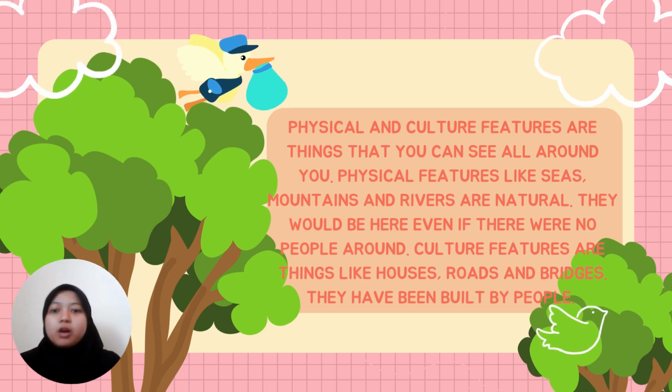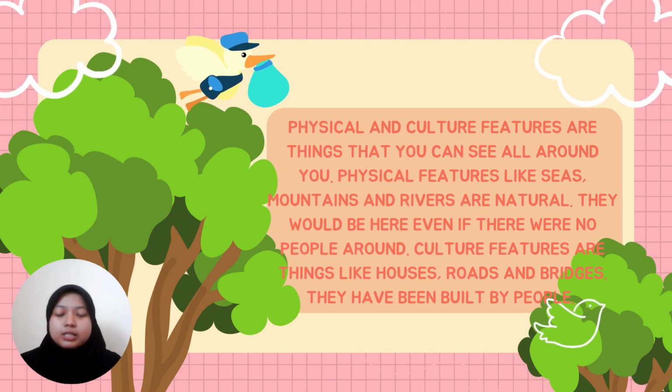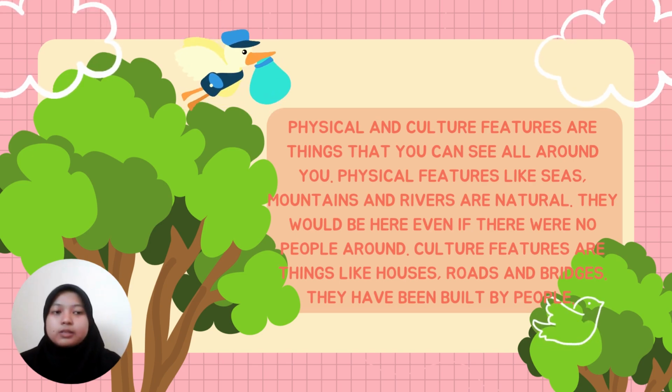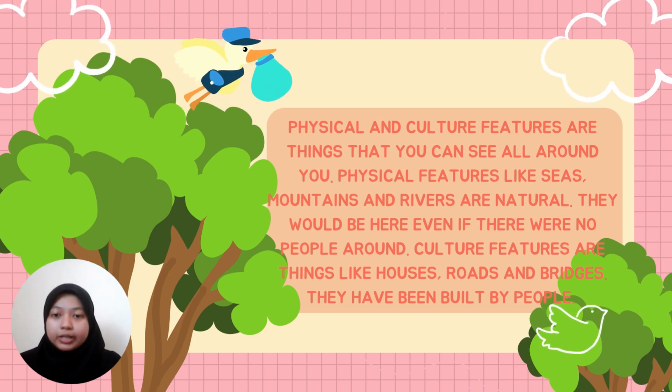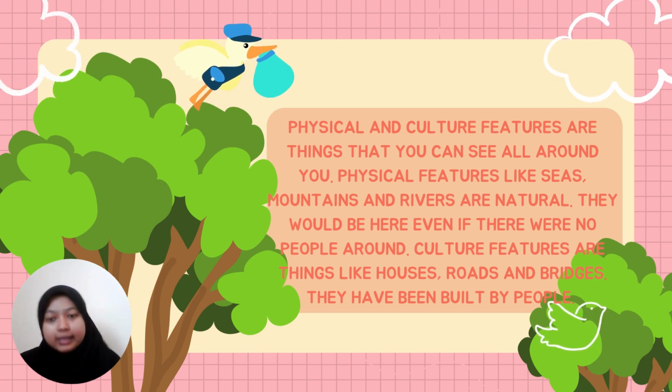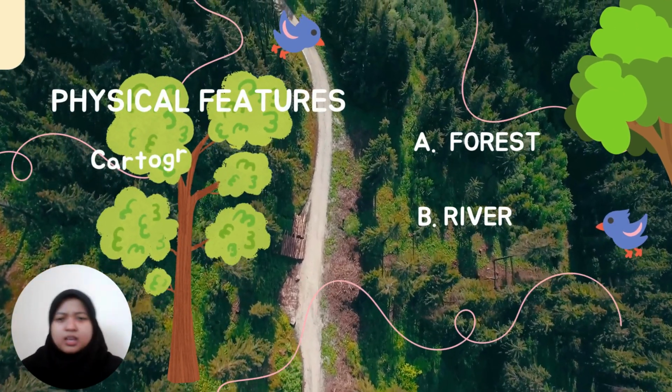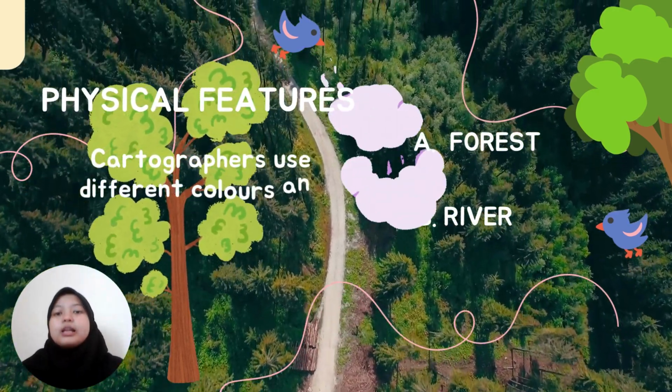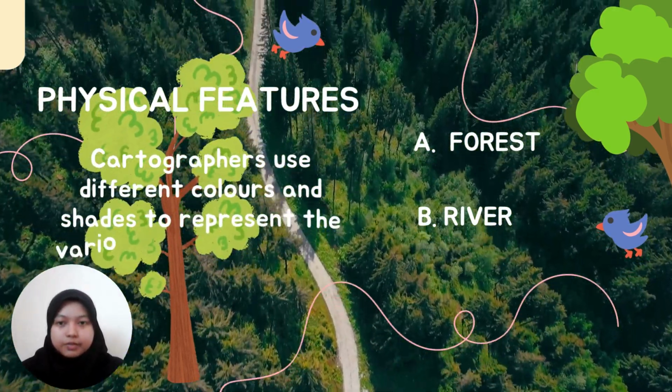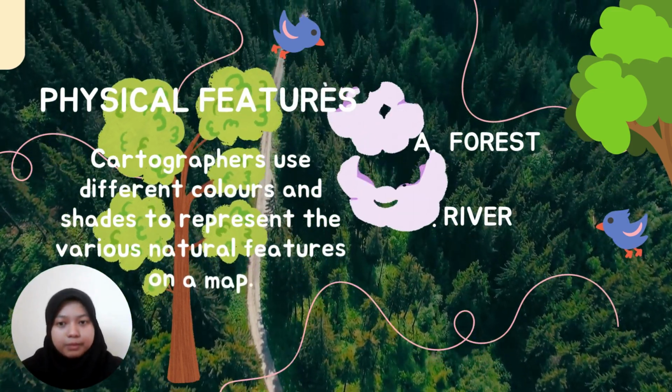So the features can be recorded in the map by using symbols. The types of symbols used are points, lines, and areas, depending on their size and aesthetics. For physical features, cartographers use different colors and shades to represent the various natural features on the map.